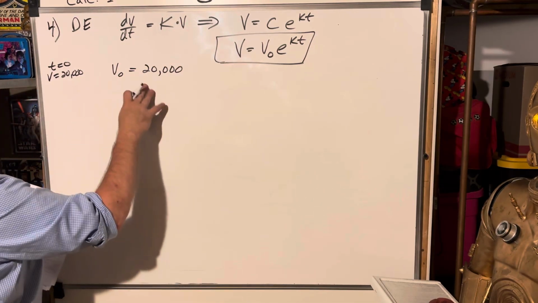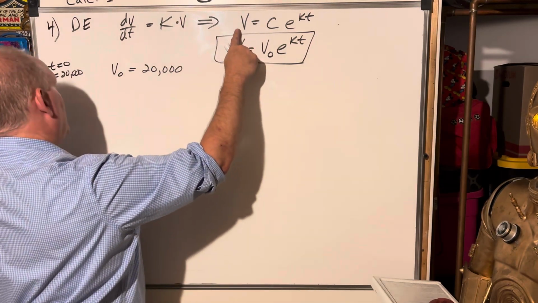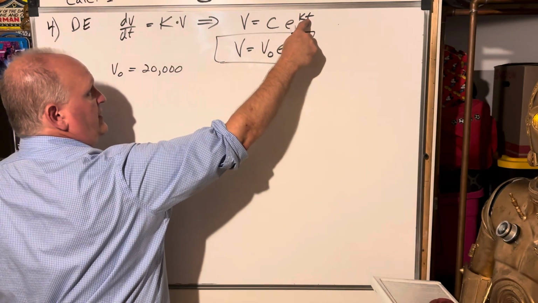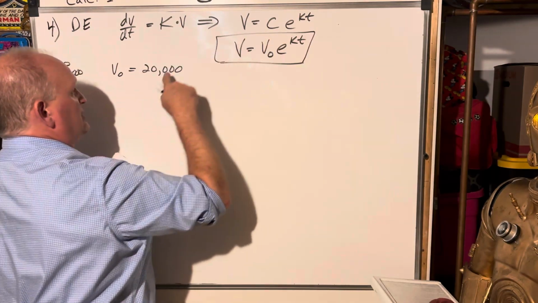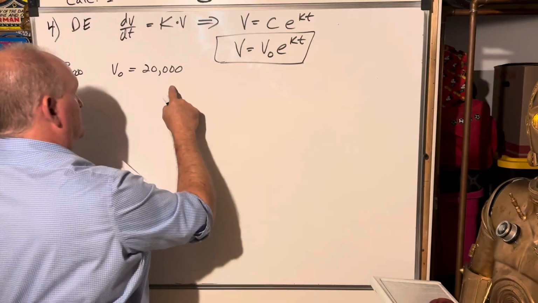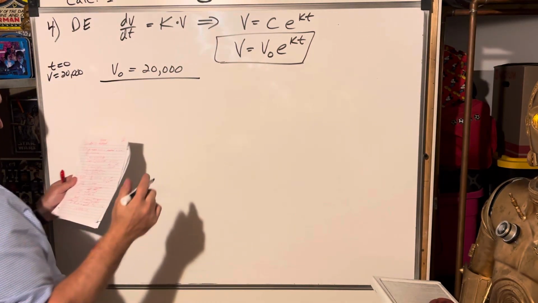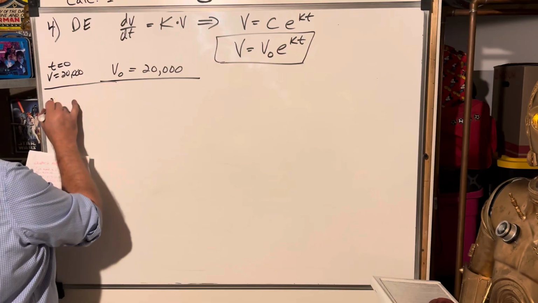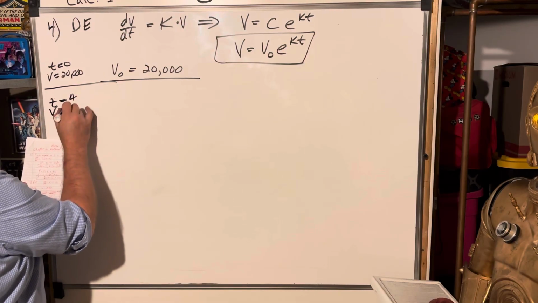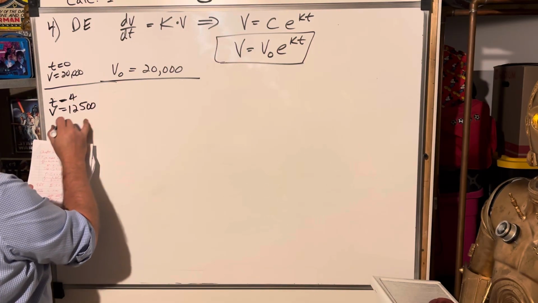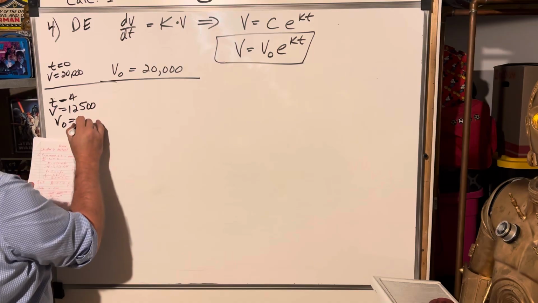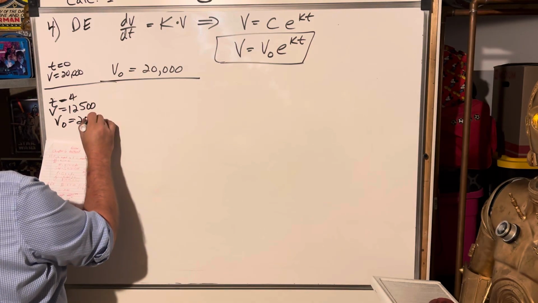You can just go right to there. We're good. So now t equals 4, V equals 12,500, V naught is equal to 20,000.